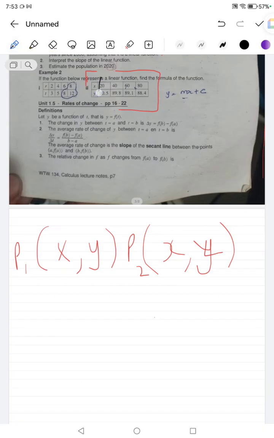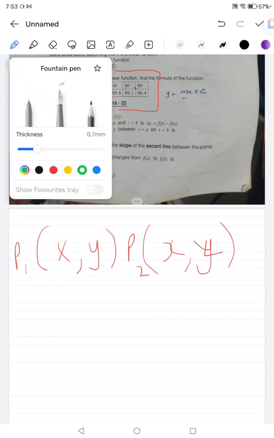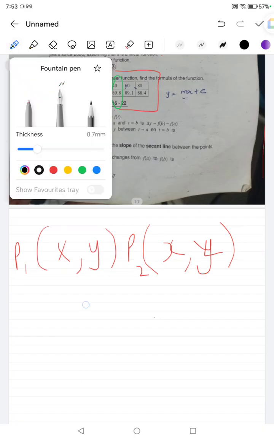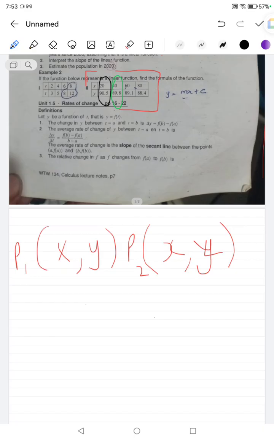We can just take this one, x and y together, then we also take these ones together. On your 0.1, what do we have as your x? You have your 20, your y, you have your 90.5. Then on this side, what's your x? You have your 40. Then on that side, you have your 89.8.